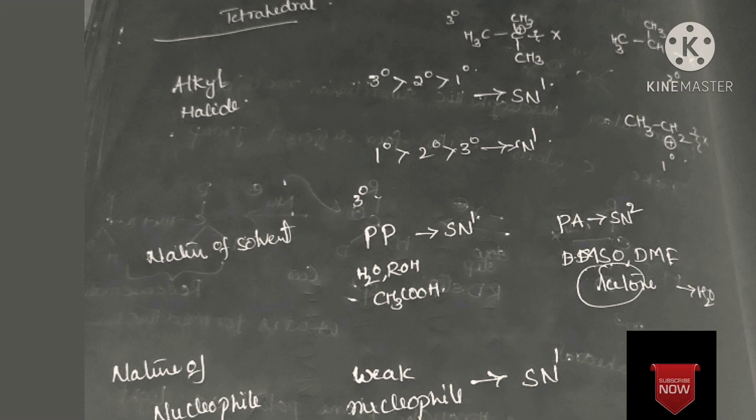So for alkyl halides in SN1 reaction it is tertiary greater than secondary greater than primary. And in SN2 reaction, primary greater than secondary greater than tertiary.